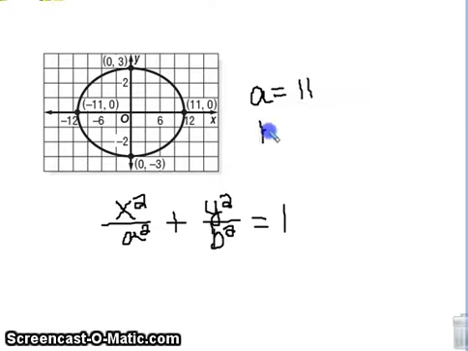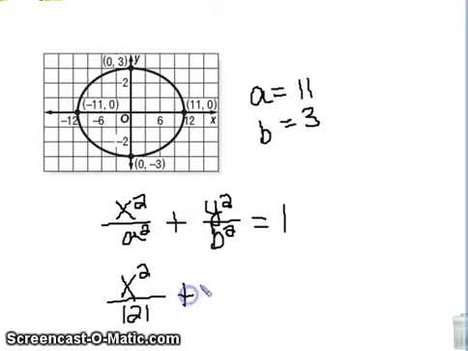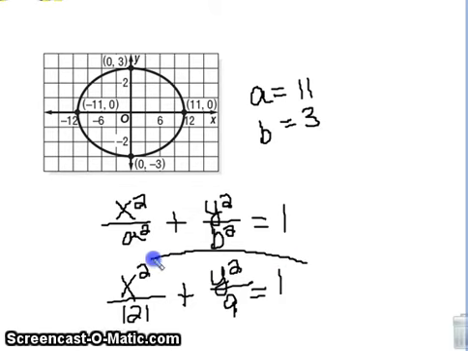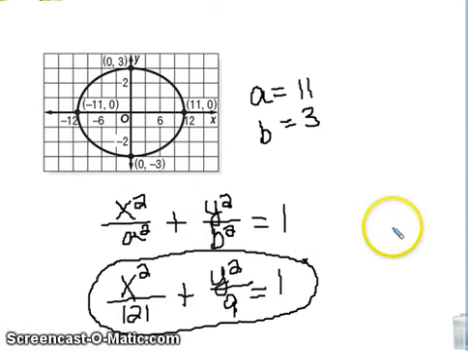And my b is going to be 3. And so I get x squared over 121 plus y squared over 9 equals 1. You okay with that? So we're good on level 1. Okay. Good job.